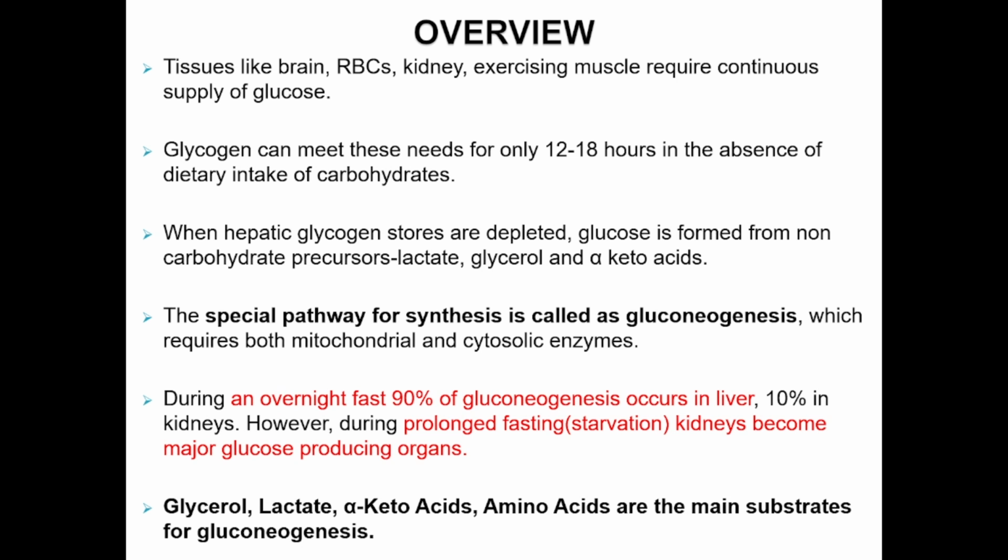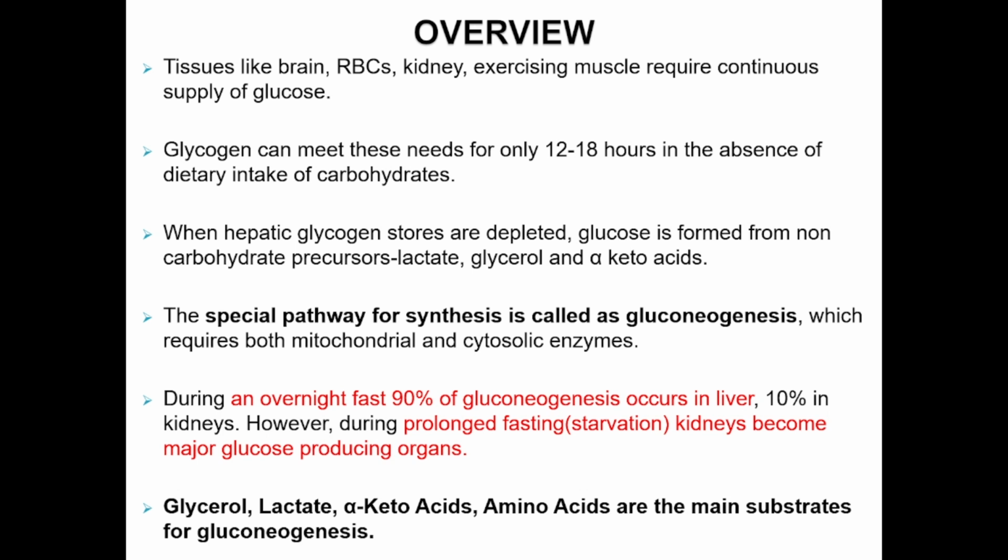If you ate something, or if you fast, or if you starve, the body has to produce glucose, whether you get glucose from the food or not. Why? To make those tissues survive. Those tissues are mainly the brain, and we said there are two sources of energy, either fat or carbohydrate. Most of the fat cannot cross the blood-brain barrier, so it cannot get access to the brain. That's why the brain needs to get its energy from glucose.